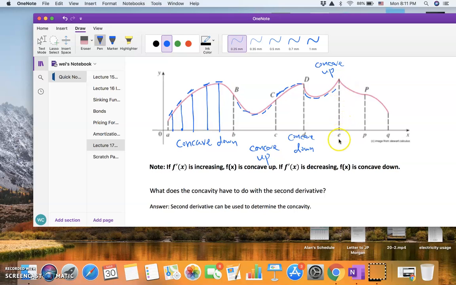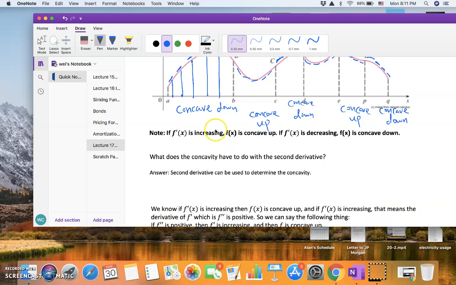From E to P, it is also concave up. And from P to Q, it is concave down.